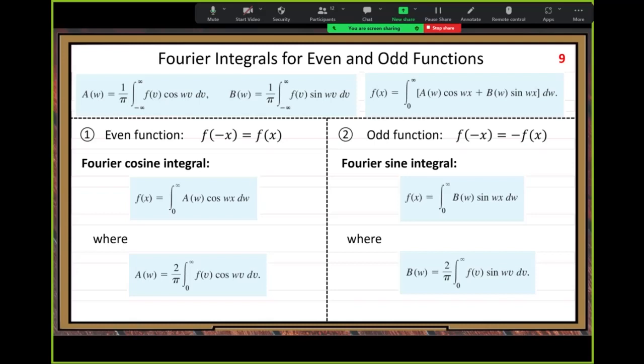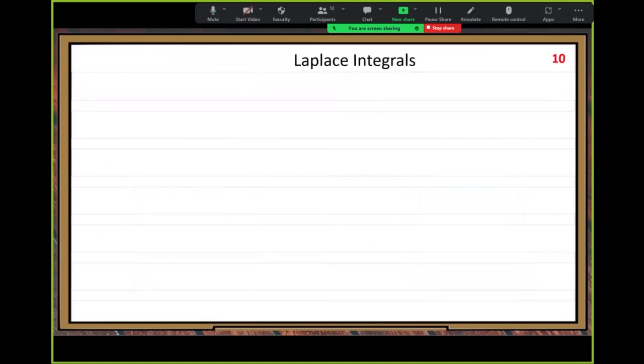We just manipulate our current formulas and change our view, using a different angle to understand. We can define another important concept called the Fourier cosine transform. Let me show you on the next slide.